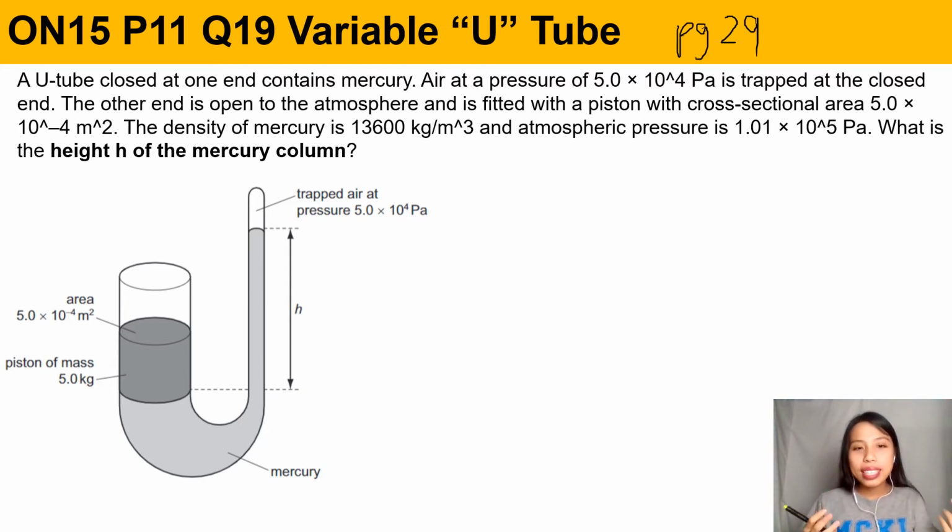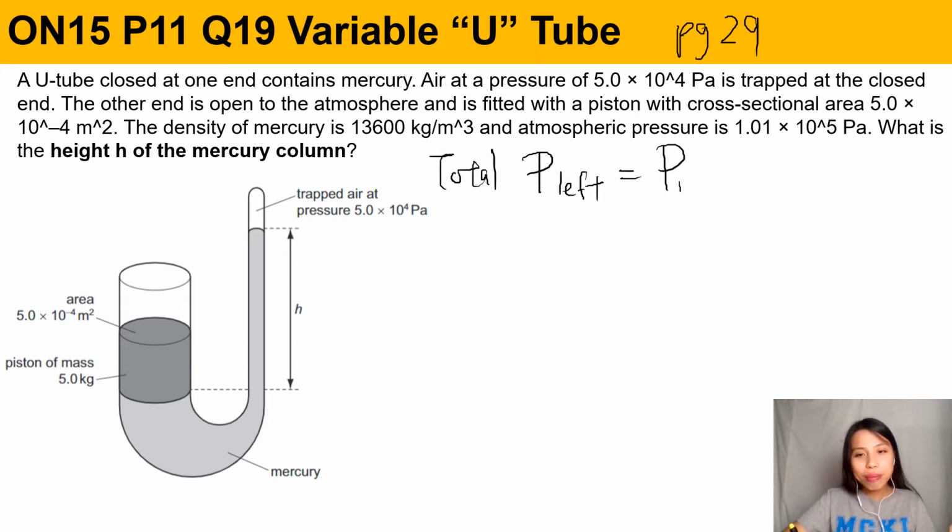So the basic idea is here, what is the height of the mercury column on the right side? And got all kinds of stuff pressing down. So the main idea is still the same. The pressure on the left side, total pressure, I should add, equals the total pressure on the right side.